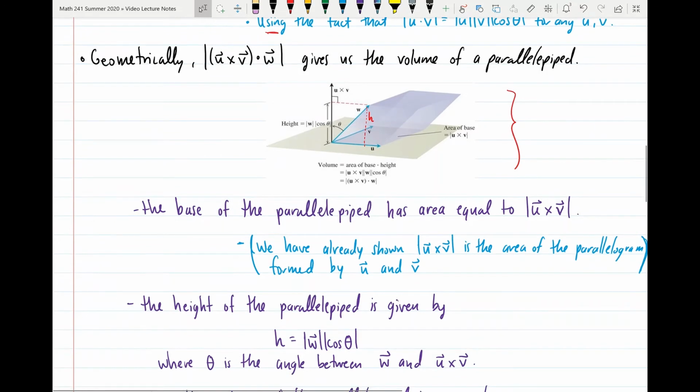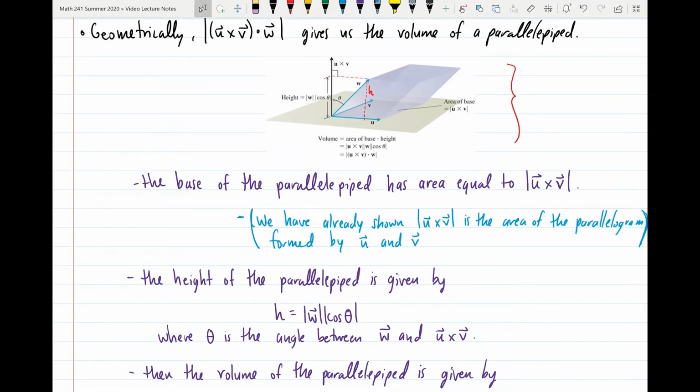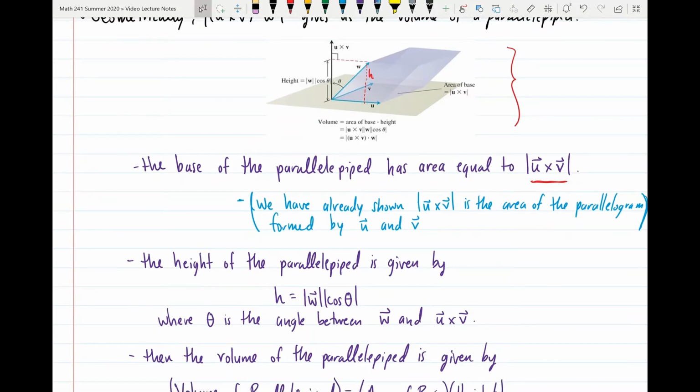The base of the parallelepiped is a parallelogram formed by the vectors u and v. And we already said that the area of that parallelogram is equal to the magnitude of the cross product of u and v. That's something we talked about in the previous video, our geometric interpretation of the magnitude of the cross product: it's the area of the parallelogram formed by u and v.